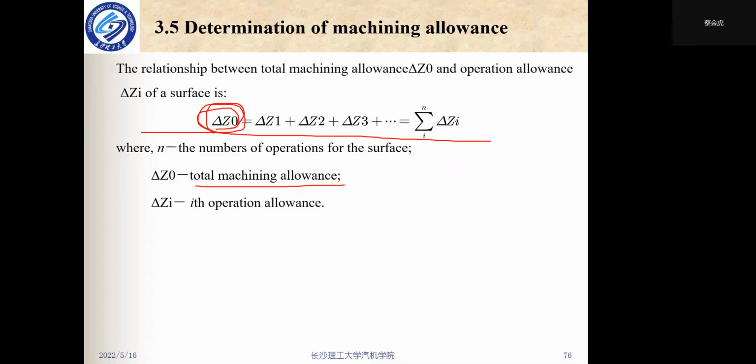And the total machining allowance must equal the summation of the operation allowances. For example, this equation contains n operation allowances, and the total machining allowance equals the summation of the n operation allowances.